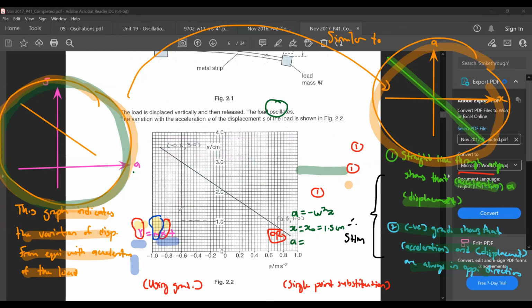If you look at the value of your amplitude, this one here, just now I told you is your amplitude position. When you work out the values from here, you can try and see your value of acceleration.